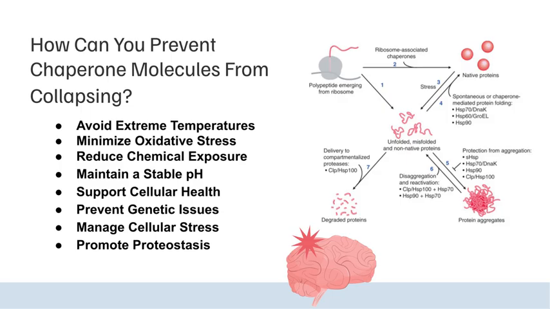Regular exercise and good sleep improve overall cell health and stress resistance. And then prevent genetic issues by going to genetic counseling, which may help identify hereditary risks that impact chaperone proteins. And then manage cellular stress. Avoid overexertion, excessive alcohol, or smoking, which can stress cells and harm proteins.